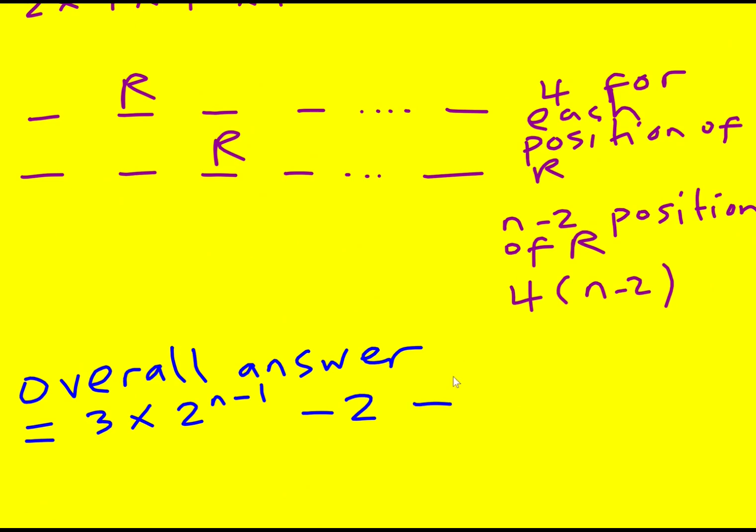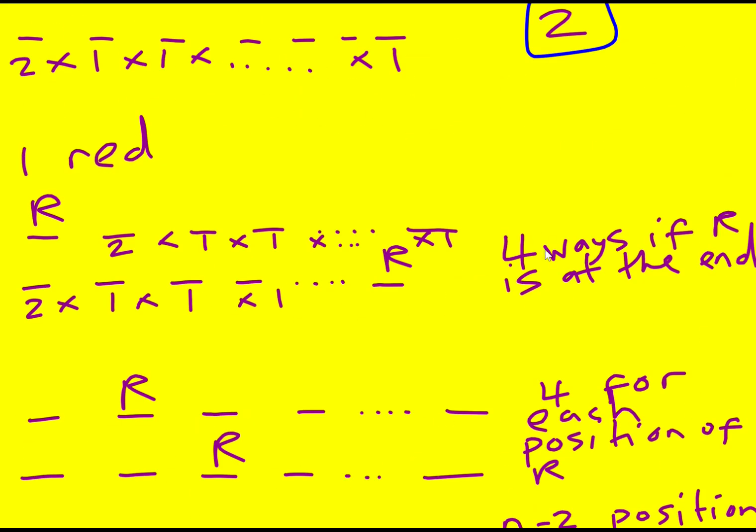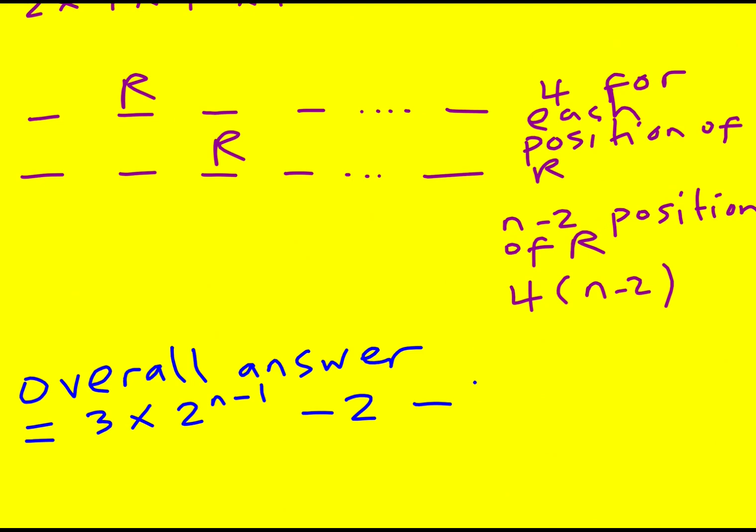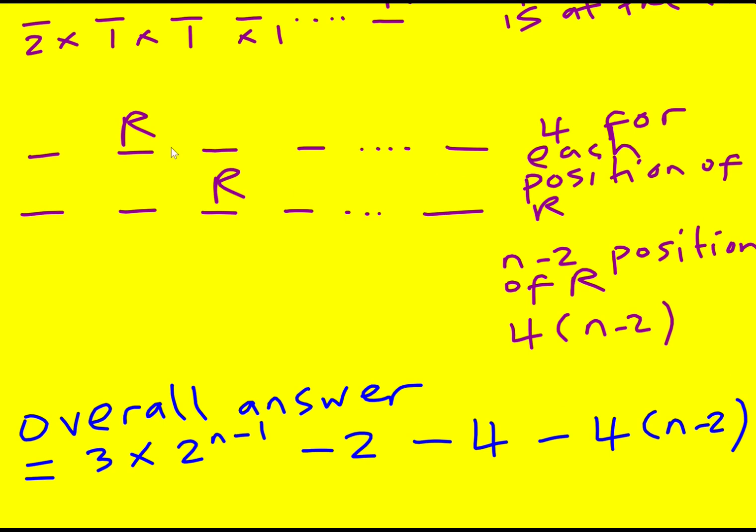And then I'm going to minus 4 for the times when we get 1 red light, but the red light is at the very end. And then I'm going to minus 4 lots of n minus 2 for those times when we get 1 red light, but the red light is not at the end.